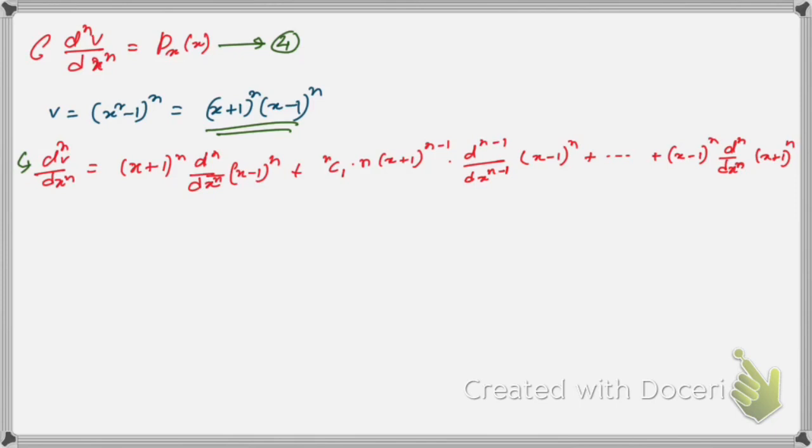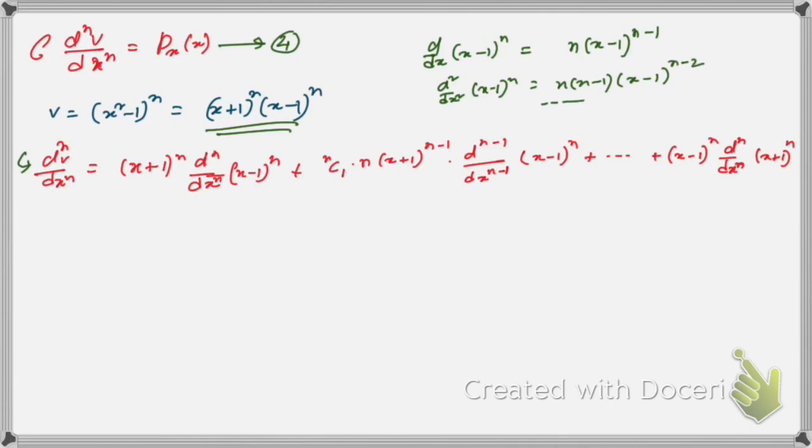So now if you differentiate x minus 1 whole to the power n once, then you will get n into x minus 1 whole to the power n minus 1. If you differentiate it again, if you find a second order derivative, then you will get n into n minus 1, then x minus 1 whole to the power n minus 2.